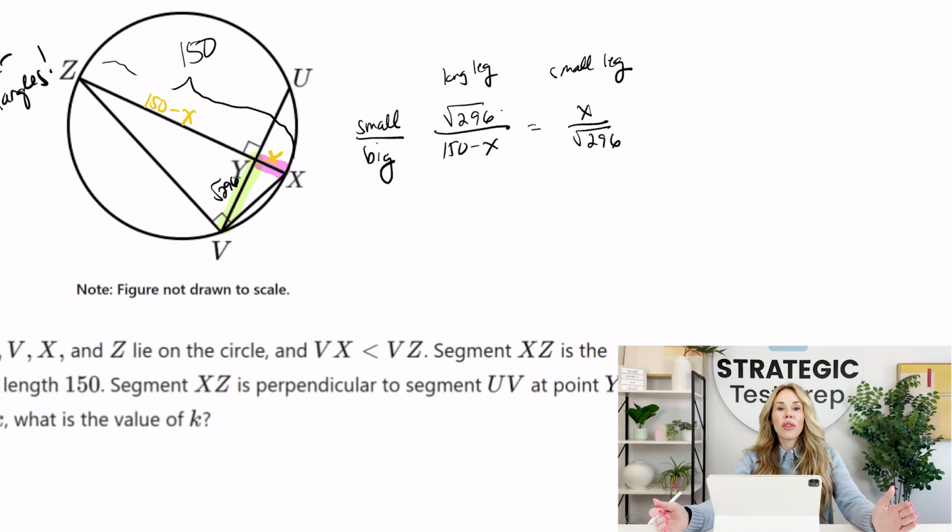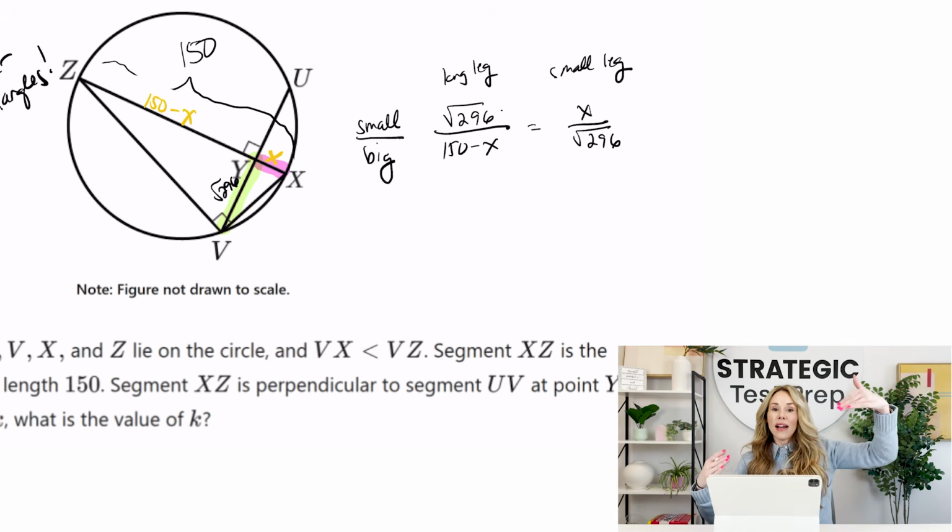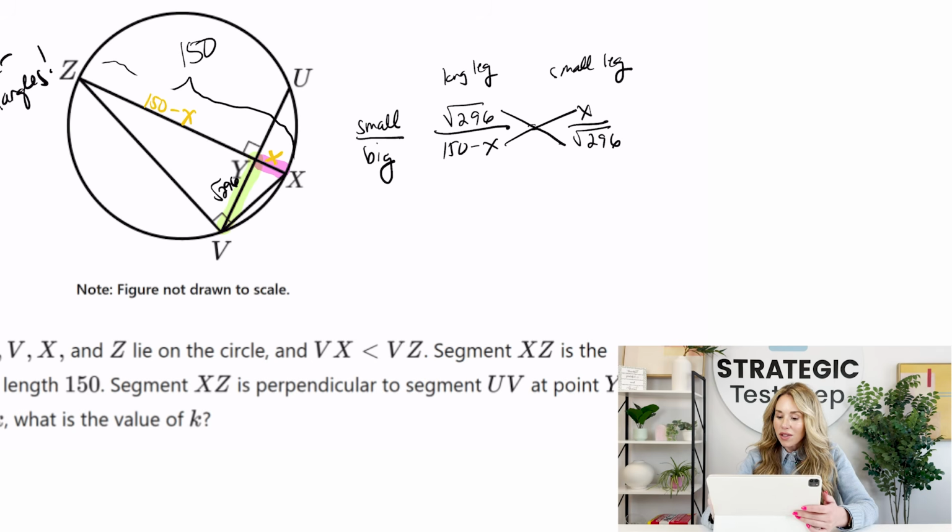Anticipate getting the square roots diagonal from each other, because when you cross multiply, you should get a whole number. Really, this is a quadratics problem in disguise. So let's cross multiply. We end up with 296 equals 150x minus x squared.